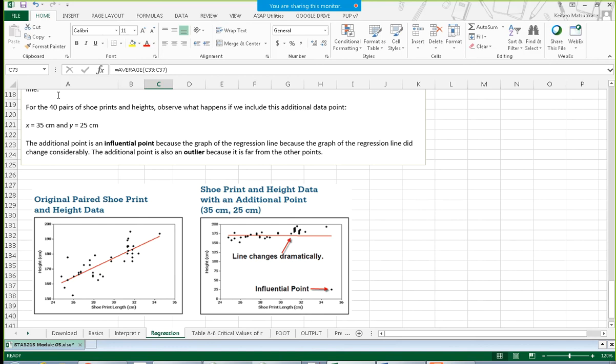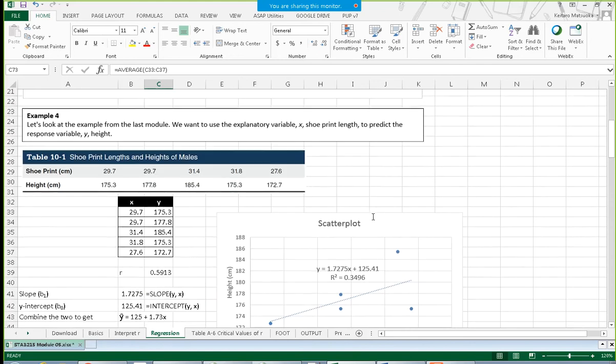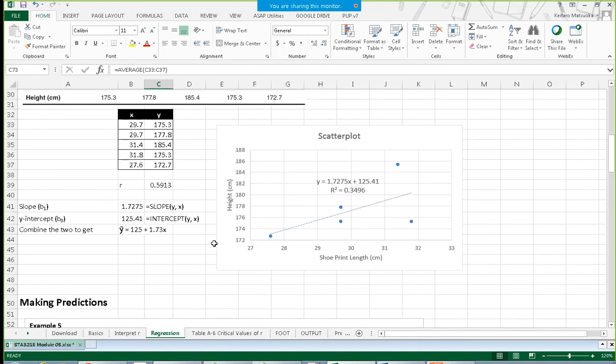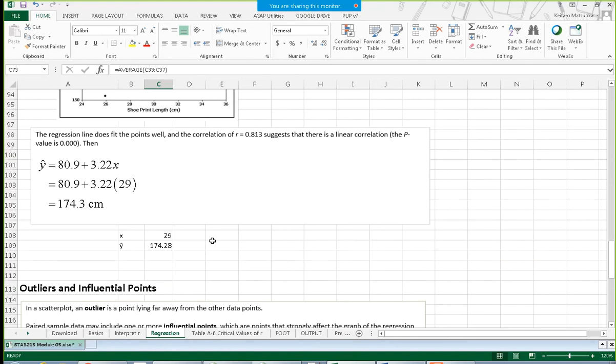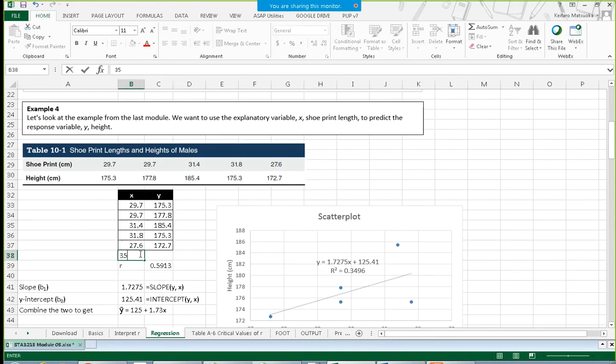So in order to determine whether something is influential and or an outlier, you have to create another plot. Okay, so how do we do that? Basically, up here, and it's 35 and 25, so add 35 here, 25 here, and just make another plot.